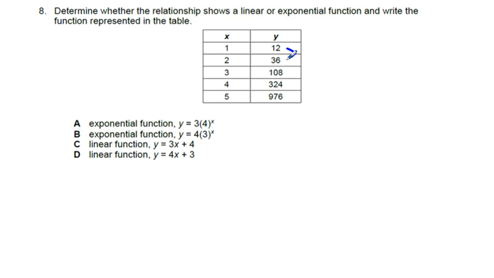Well, if we add, we have 24, but look, they're getting bigger than that. So it looks like what times 12 equals 36? Well, 36 divided by 12 is equal to 3. So we say times 3, and then 3 times 36 equals 108. 108 times 3 is 324.